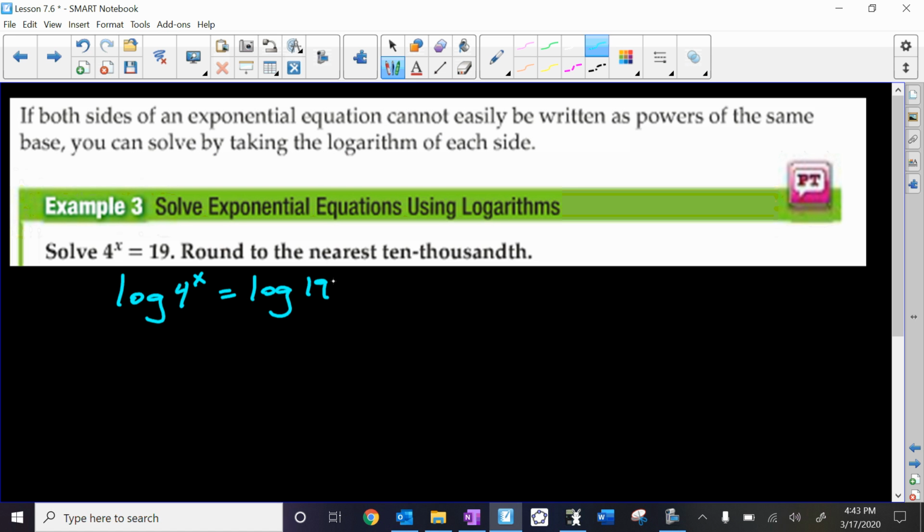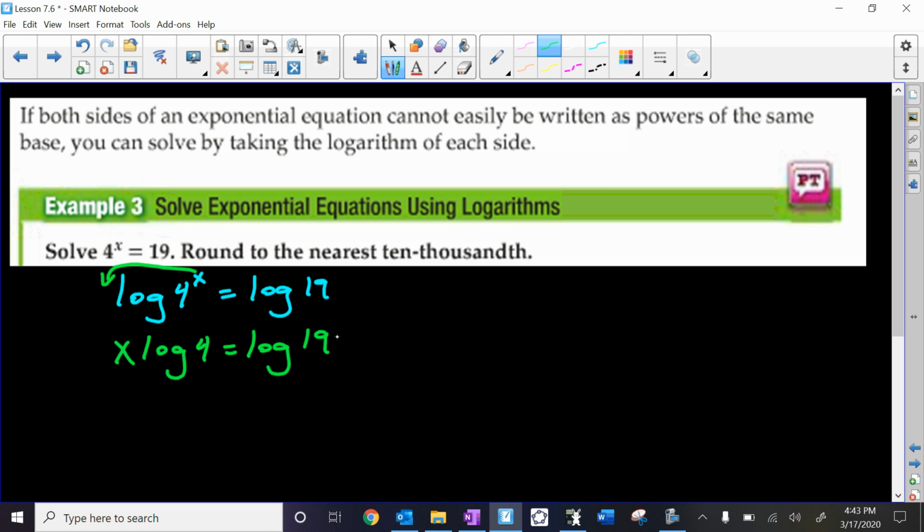You can use any base, but it makes the most sense to use base 10 because your calculators use base 10. And we can use one of our properties. Remember, one of your properties allows me to take the exponent up here and move it to the front. That was back in section 5. That was property number 3 that we looked at. So that gets us x log of 4 equals log of 19.